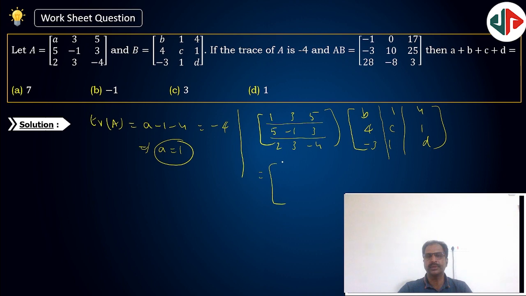1 into b plus 12 minus 15, b minus 3. 1 plus 3c plus 5, 3c plus 6. 4 plus 3, 7 plus 5d. Next, 5b minus 4 minus 9, 5b minus 13.